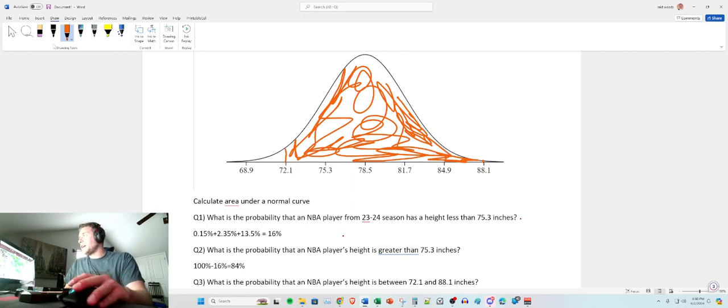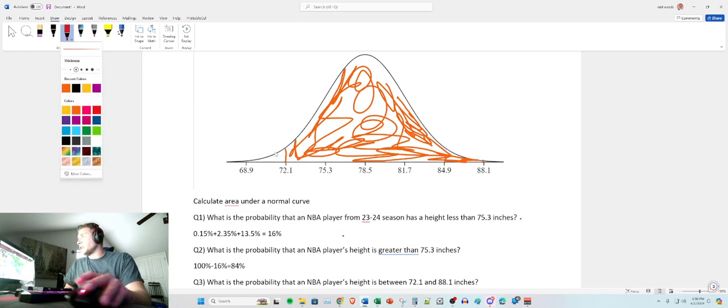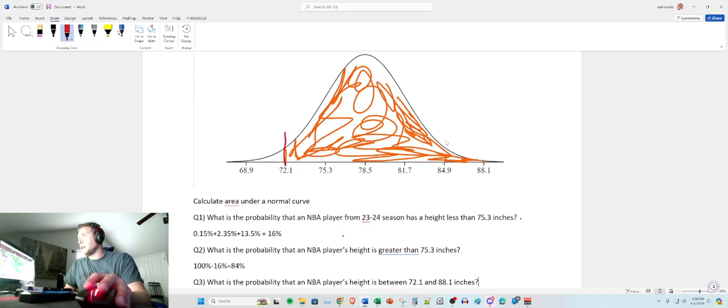So we know that from, let me draw a line here, if I go from here to here, that's 95%. So we're adding this extra little bit of area there. That's one way to think about it. That might be the best way to think about it. So we know that this region from here to here is 95%.